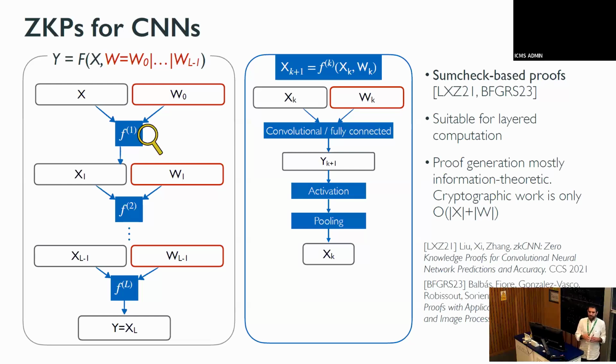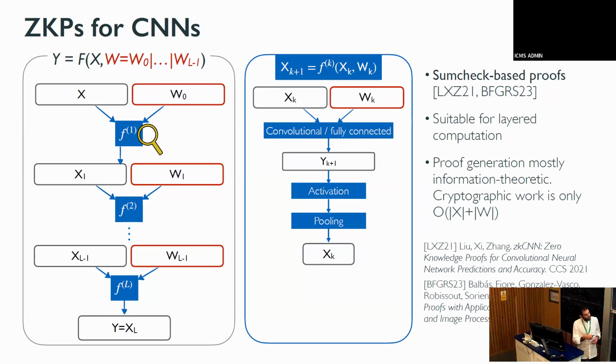So you don't do any cryptographic work when you go across the layers, and you do only cryptographic work that is linear in the input of the computation. So in X and in W, but not, for example, in the trace of the computation. And I'm going to show you why this is the case.